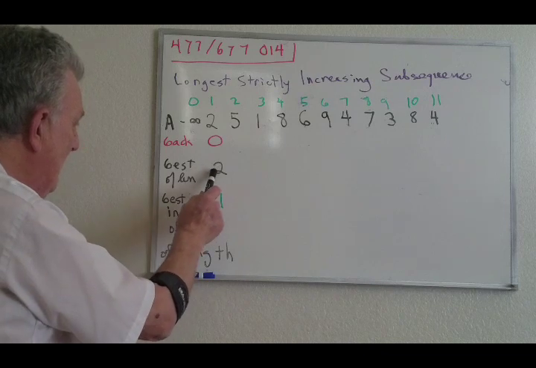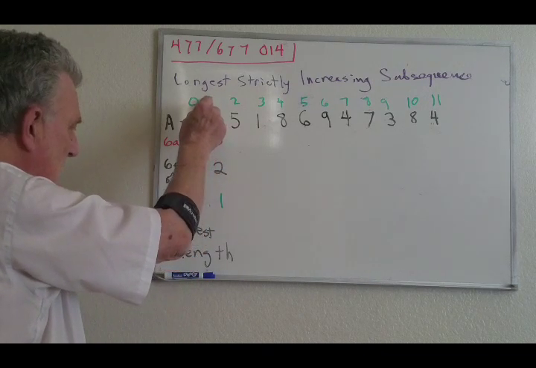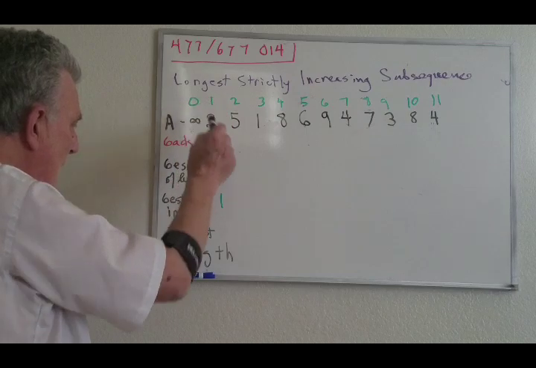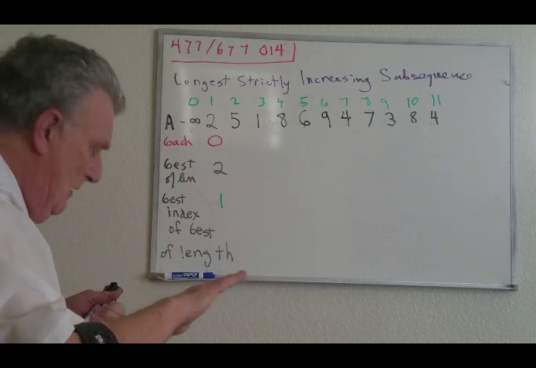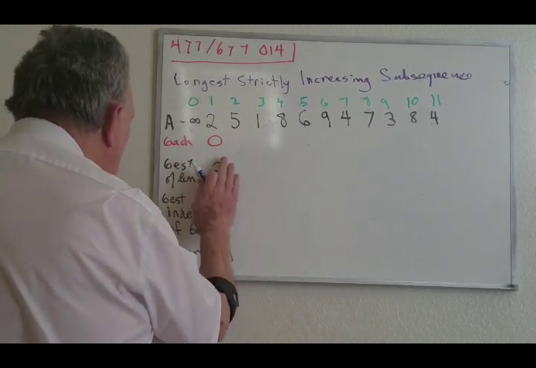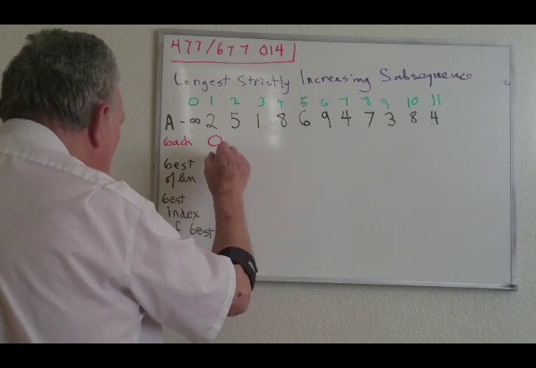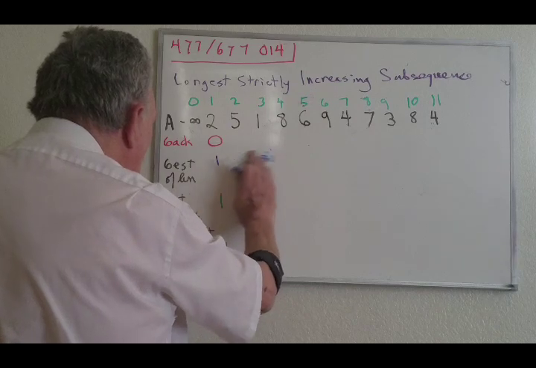And the best number of any length is 1. Okay, now let me put in the various length indices here. We have length 1, length 2, length 3, and so forth.